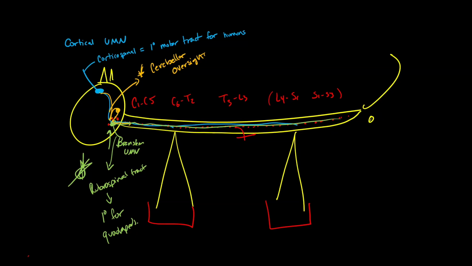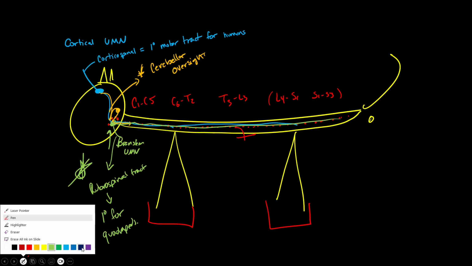So I will use the term upper motor neuron or lower motor neuron signs of dysfunction as we go through this, okay? So when we have a lesion here, we're going to call this lesion 1.